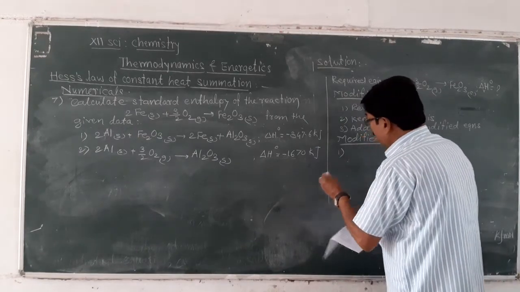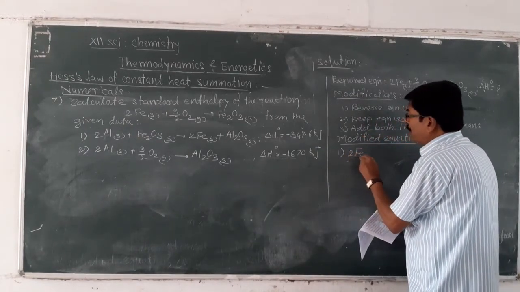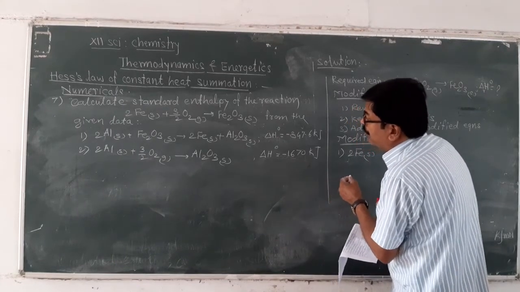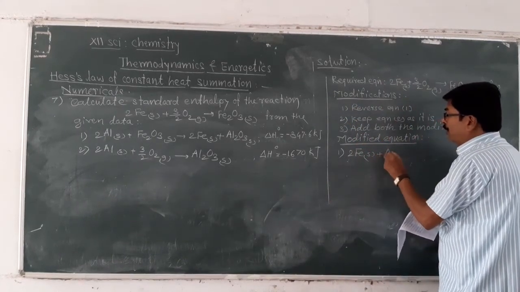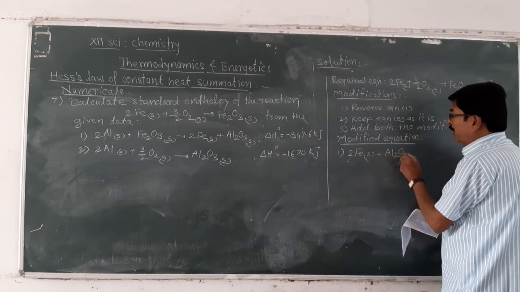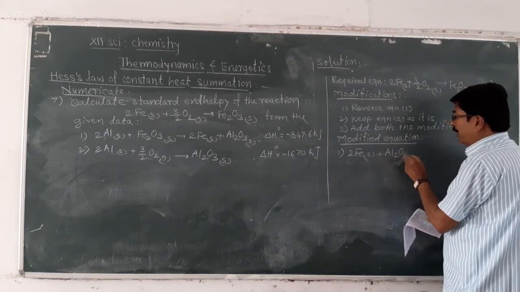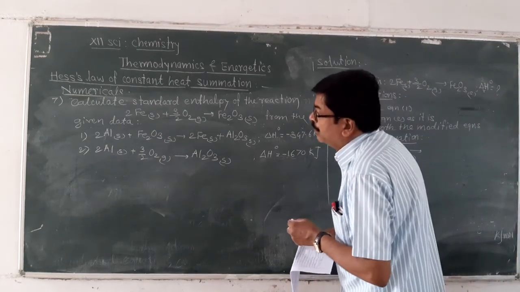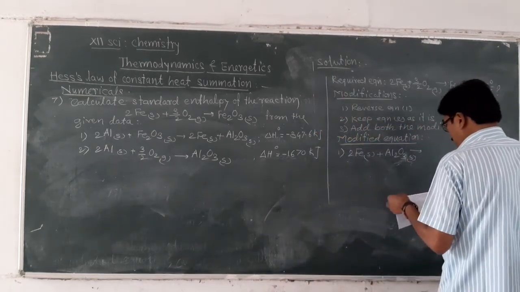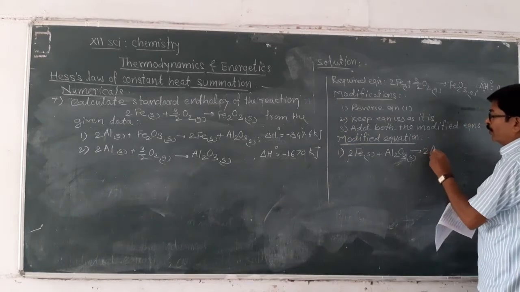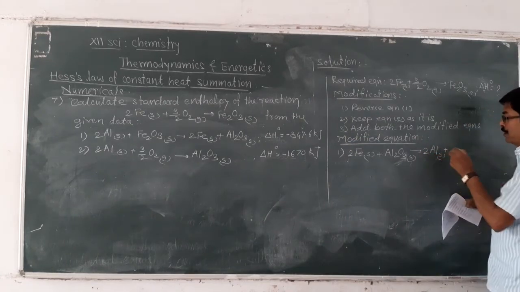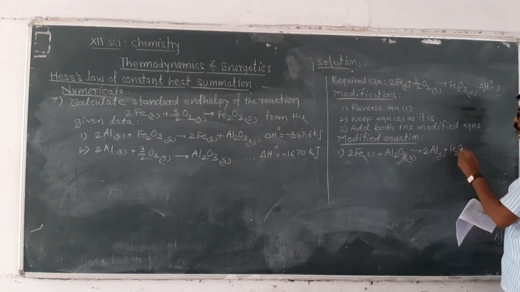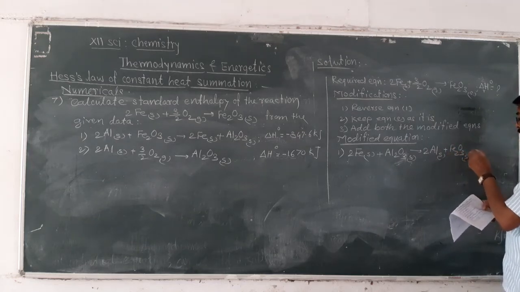On reversing, it becomes twice Fe solid plus Al2O3 solid gives twice Al solid plus Fe2O3 solid.